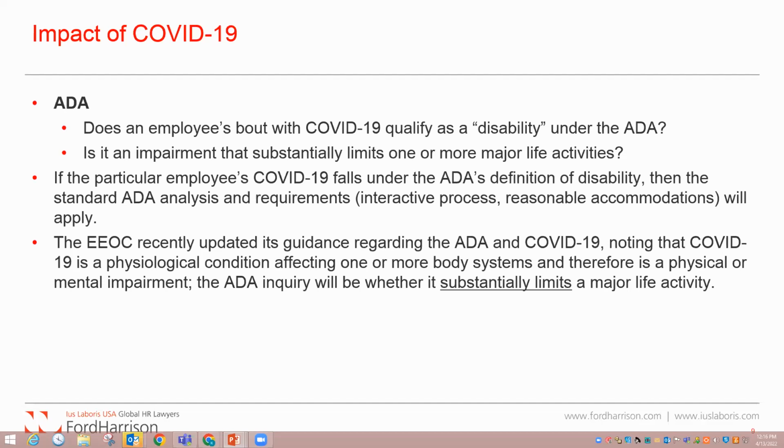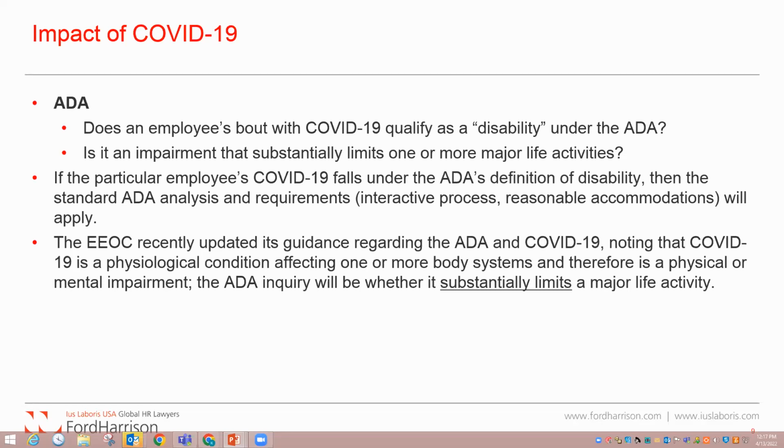So those individuals are not going to be in a situation where their particular bout with COVID-19 is a disability. However, if a particular employee's COVID-19 does fall under the general ADA definition of disability, then all of our standard ADA analysis and requirements are going to apply.